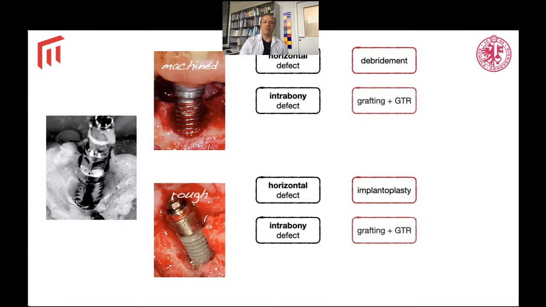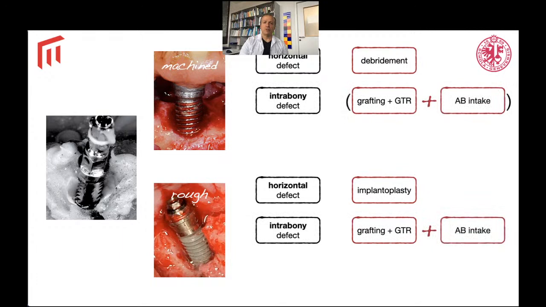If you have intrabony defects, you have to consider doing a regenerative approach if you have a machined surface, knowing that you will not get much osseointegration, but you will get a good regenerative outcome, and that maybe it makes sense in an esthetic case. If you have a roughened surface, you should do a regenerative approach.